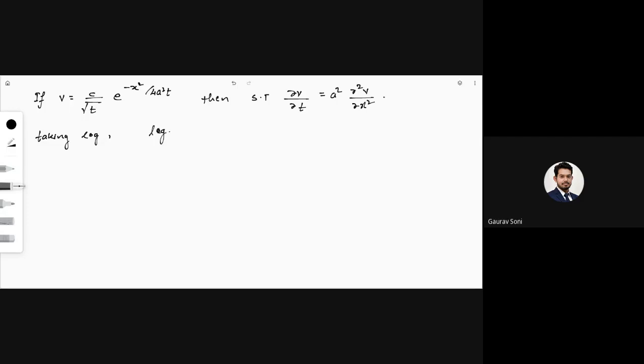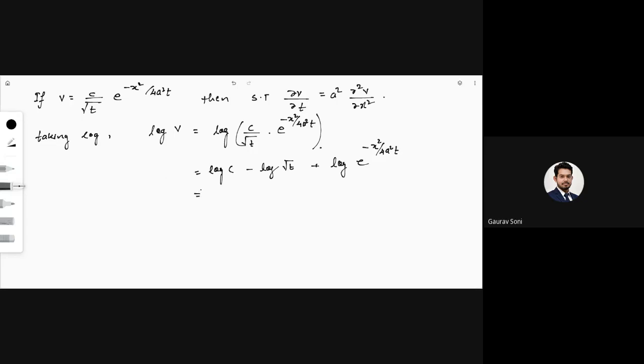So log of v is equal to log of c upon root t e to the power minus x square upon 4 a square t. So this is equal to log c minus log of root t plus log of e to the power minus x square upon 4 a square t.